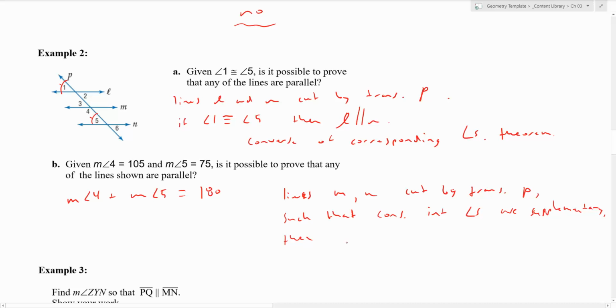Then, what can we say? What are we trying to show here? Is it possible to prove that any of the lines shown are parallel? Yes, then M is parallel to N. And that's because of the converse of the consecutive interior angles theorem.